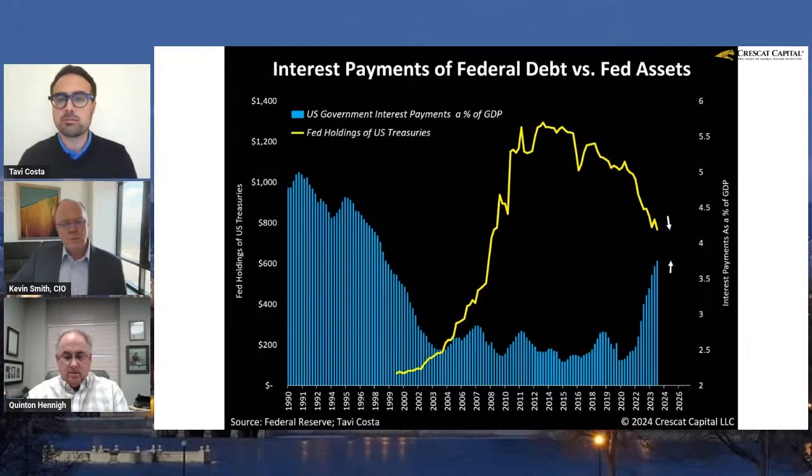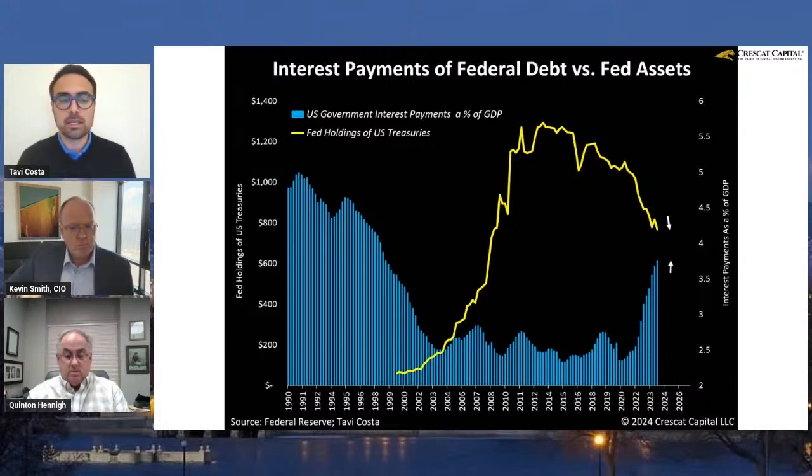The blue bars show how much we've been paying in interest payments on the federal debt relative to GDP, which we've seen higher in the past. However, as long as interest rates stay where they are, we're going to see these blue bars increasing drastically over time. So what gives in this chart?